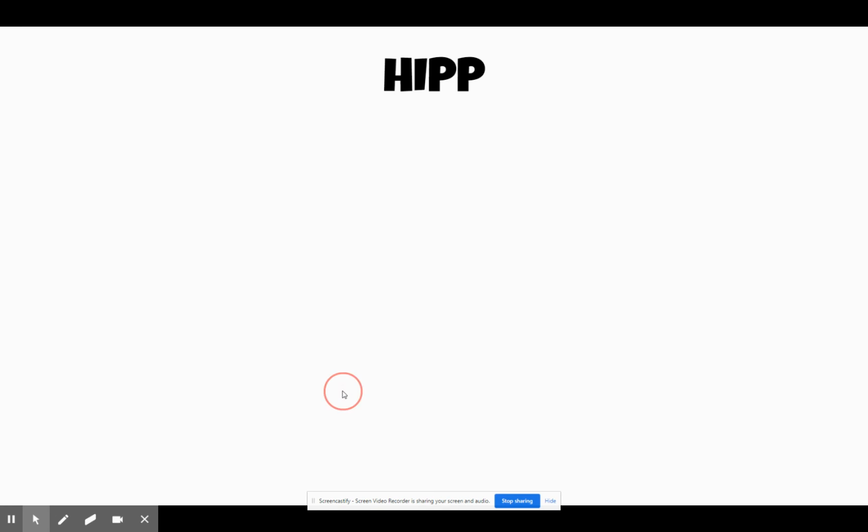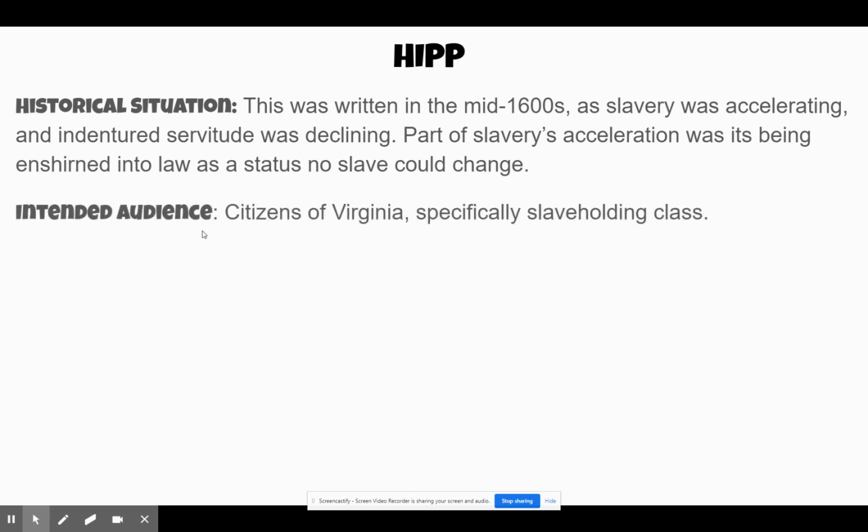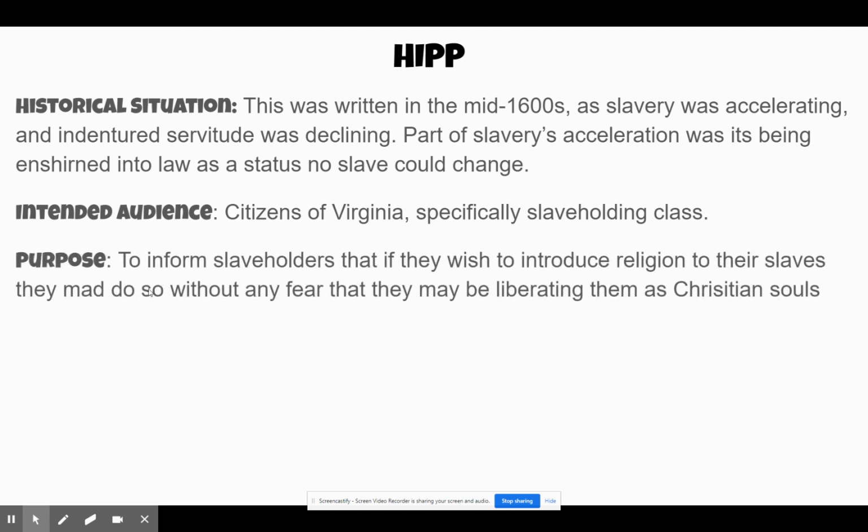Okay, so if we look at how this breaks down, again, we have the historical situation. The intended audience is the citizens of Virginia, but specifically the slaveholding class. The purpose, again, is to inform slaveholders that if they wish to introduce religion to their slaves, they may do so without any fear that they may be liberating them as Christian souls.